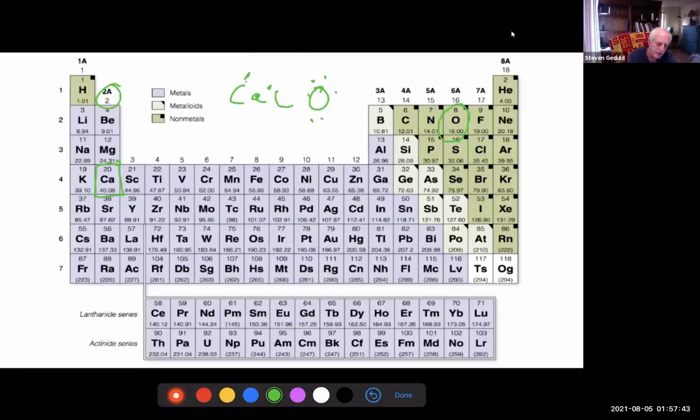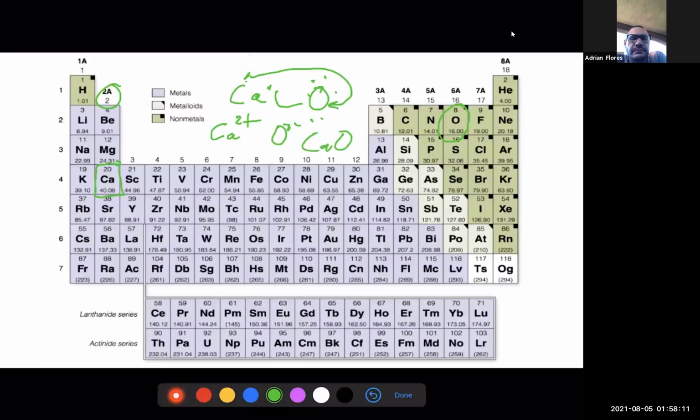So calcium and oxygen combine. Calcium gives off 2 electrons and oxygen accepts 2 electrons. So it's going to be Ca 2 plus and O 2 minus, because calcium lost 2 electrons and oxygen gained 2 electrons. So the formula would be CaO, and it'll be calcium oxide.